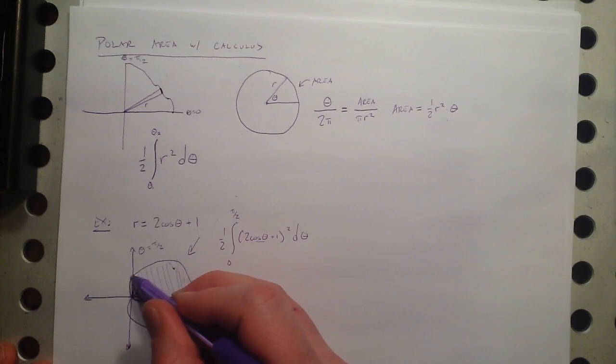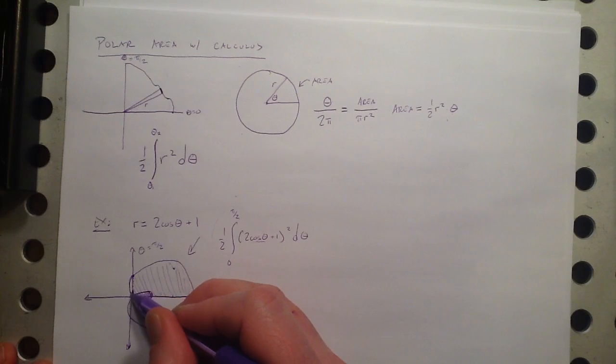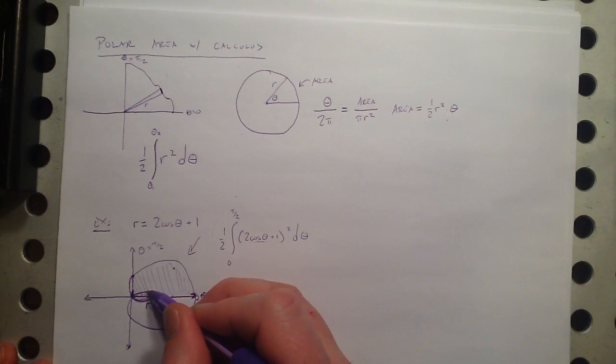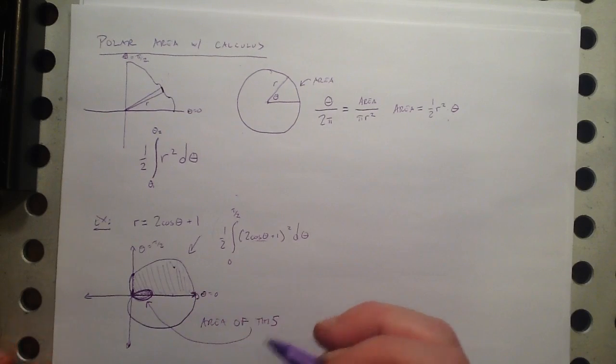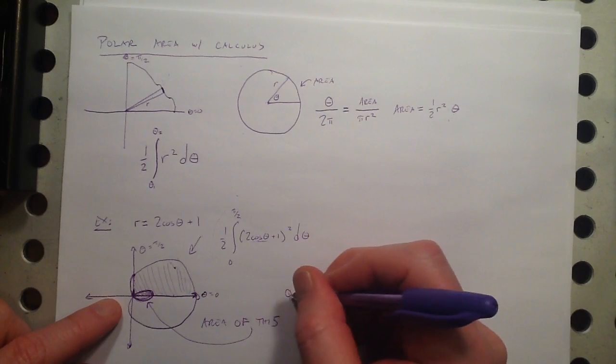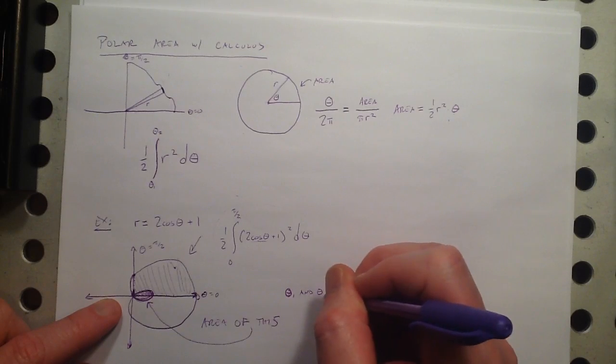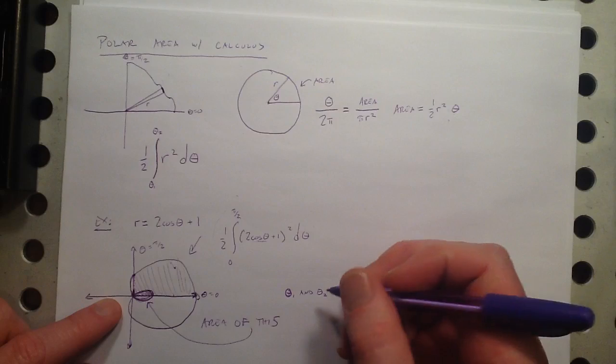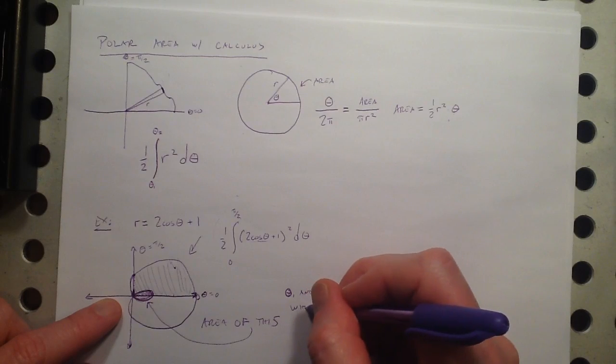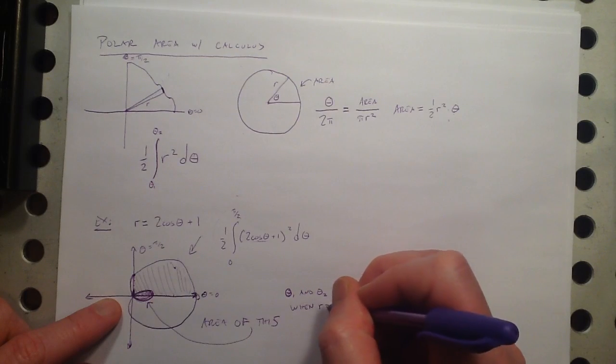So when does it come in here and equal 0? And then as I go out, when does it come in and equal 0 again? So theta 1 and theta 2 are when the r is equal to 0.